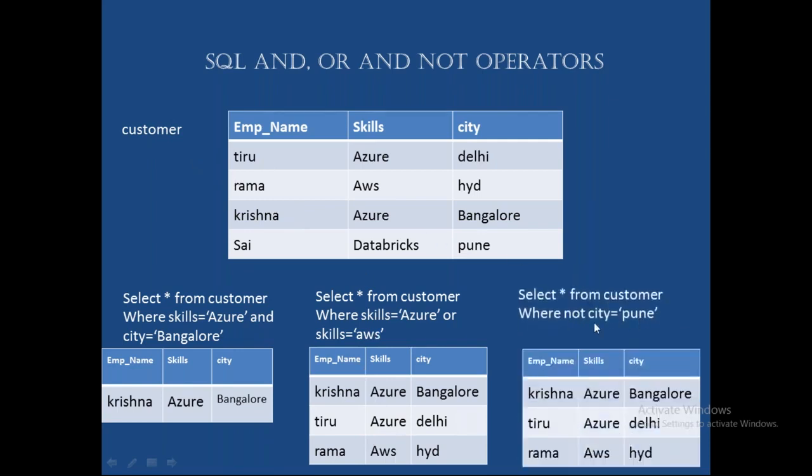So here, select star from customer where not city equal to Pune. Where not city equal to Pune means, city equal to Pune, just focus on this record, okay? But I'm using not city equal to Pune, meaning wherever city equal to Pune, just ignore that particular record and give me all other records. See, Bangalore, Delhi, Hyderabad, everything I'm returning.